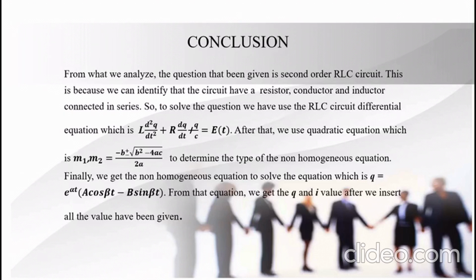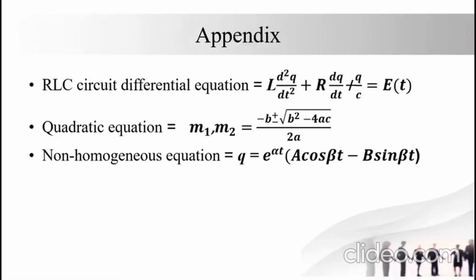After that, we use the quadratic equation, which is m1, m2 equals negative b plus or minus the square root of b squared minus 4ac over 2a, to determine the type of the non-homogeneous equation. Finally, we get the solution, which is Q equals e to the power of alpha t in the bracket A cos beta t minus B sin beta t. From that equation, we get the Q and I values after we insert all the values that have been given.